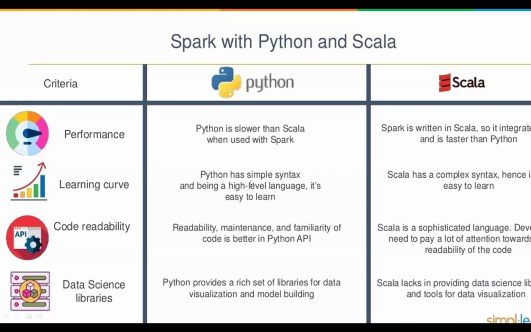But PySpark is very simple to use, and anybody coming from any background can start using it because it is easily interpretable. Python has simple syntax and being a high-level language, it is easy to learn. Whereas Scala has complex syntax, hence it's not easy to learn, it's kind of a Java kind of thing.